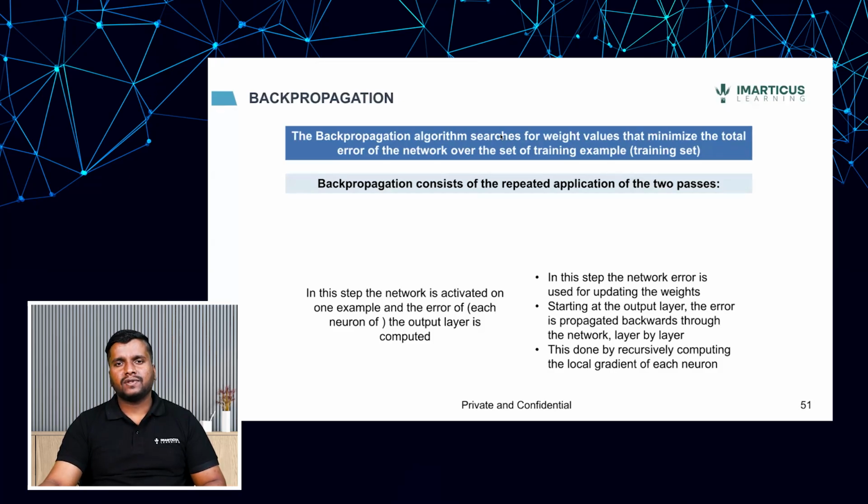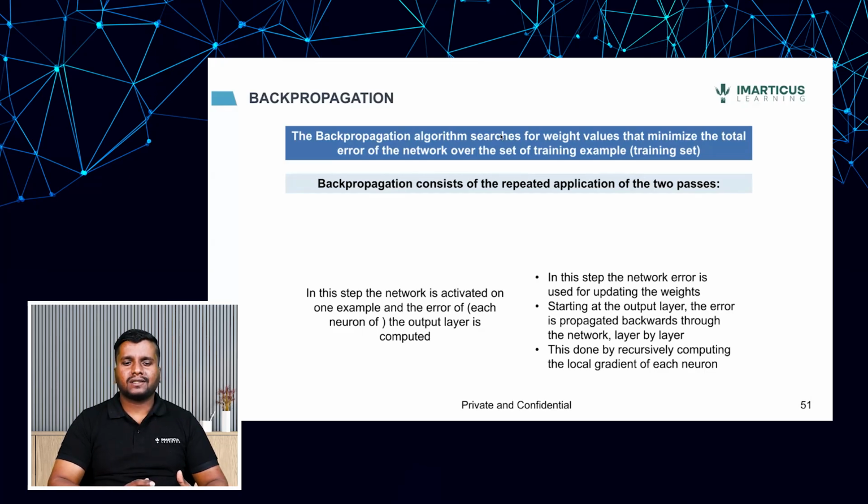So, in order to improve this, it goes in the backward direction to minimize the error. It keeps on adjusting the weights in this backward direction, and it improvises over time.